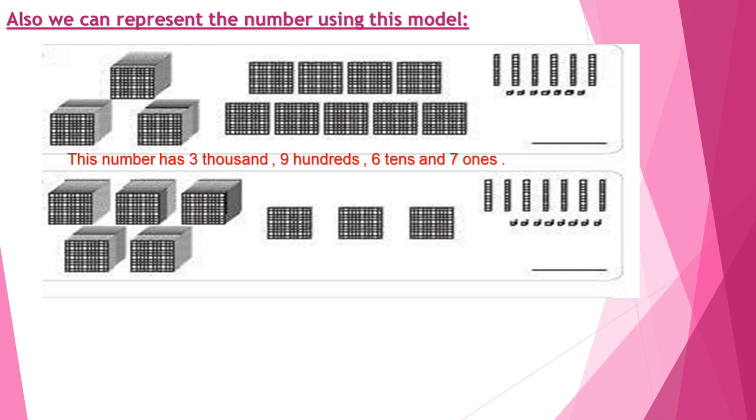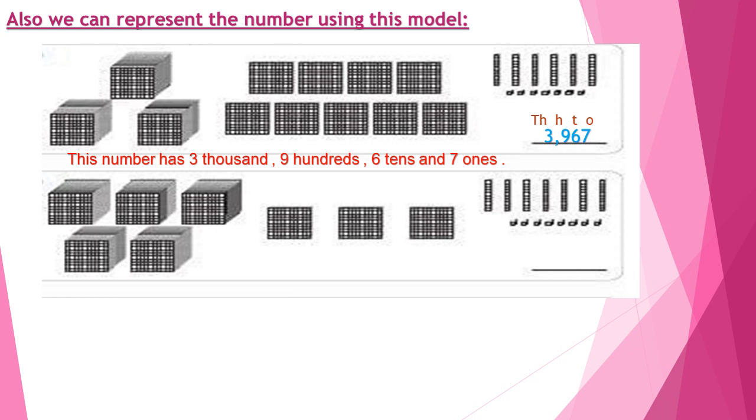Then to write this number in digits, first we put the places: ones, tens, hundreds, thousands. We have here 3,000, so we write 3 in thousands, 9 in hundreds, 6 in tens, and 7 in ones. 3,967.